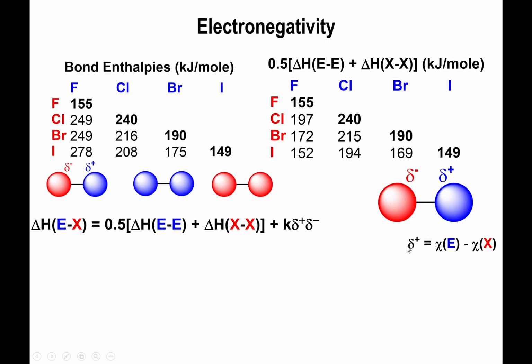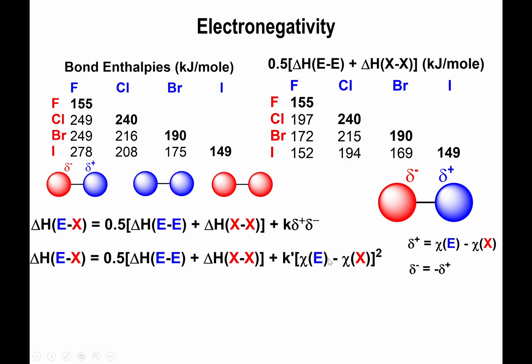That difference is going to be attributed to the partial charge that you're developing on the atom. And the delta minus is simply the same thing as the delta plus, except that it gets multiplied by a negative. So technically speaking, this K times delta plus times delta minus is going to become nothing more than the difference in electronegativities of these two elements squared multiplied by a new constant.